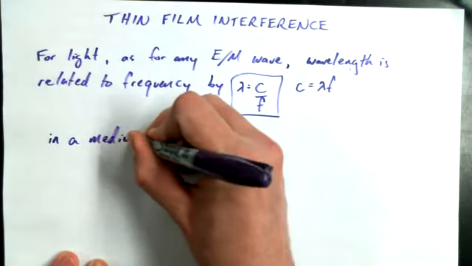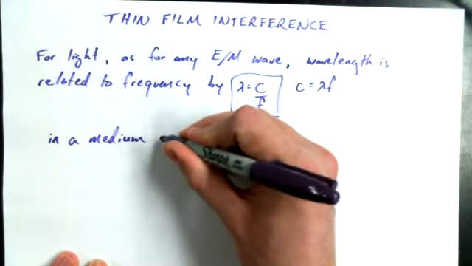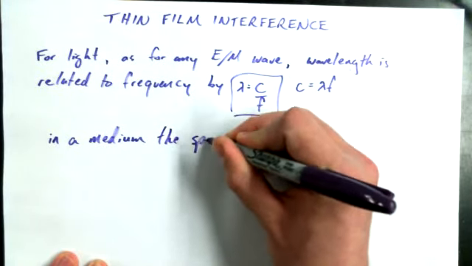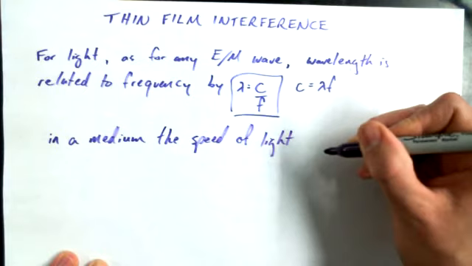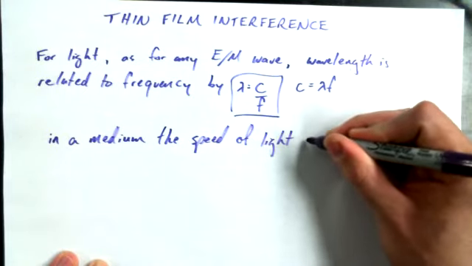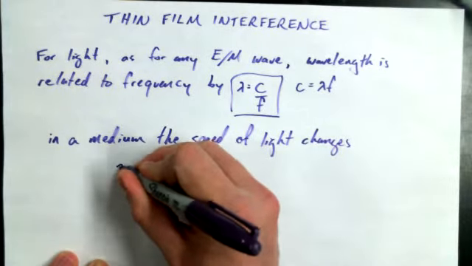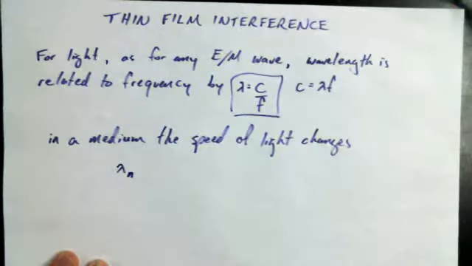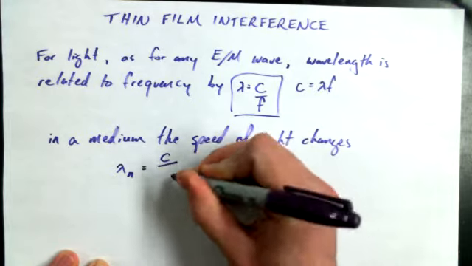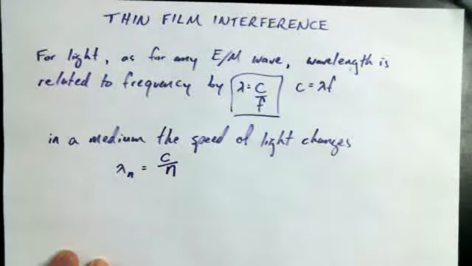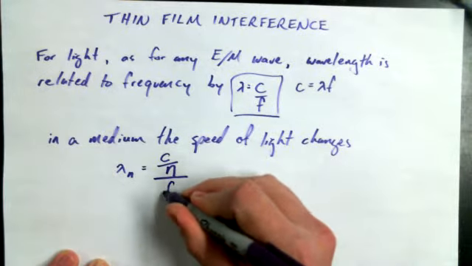However, in a medium other than a vacuum, so when we're actually in a material medium, the speed of light changes. And it's dependent upon the index of refraction of that particular medium. So the wavelength in a medium, let's call it medium n, is equal to the speed of light in a vacuum divided by the index of refraction for that medium, divided by the frequency of the wave.